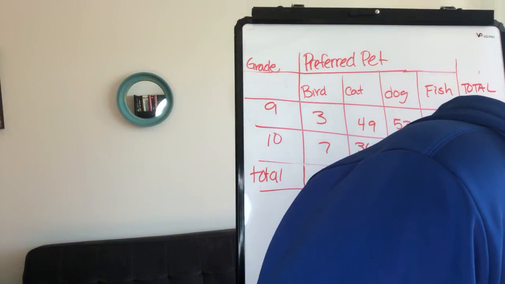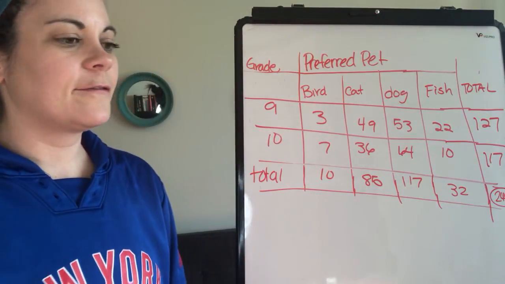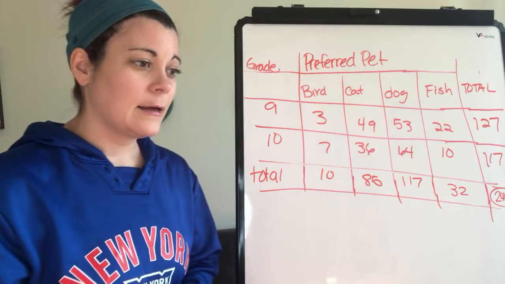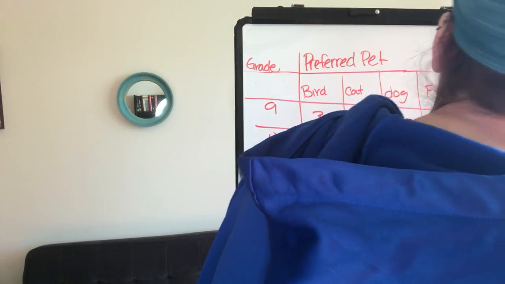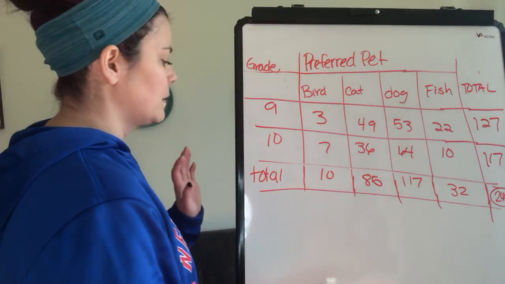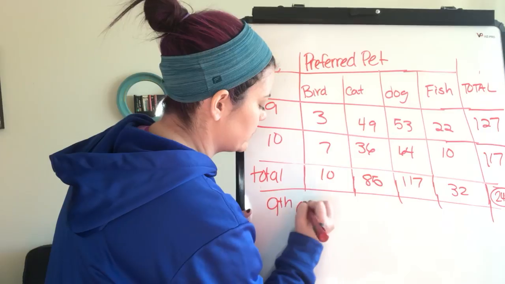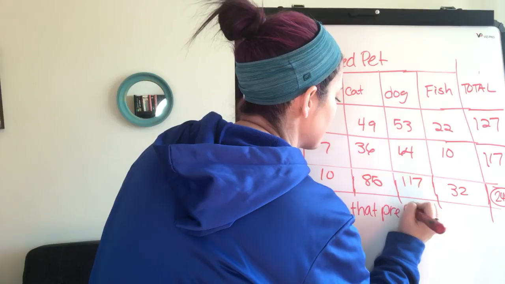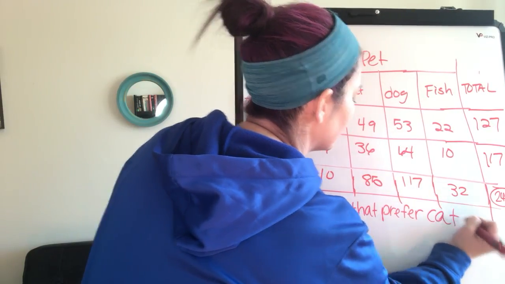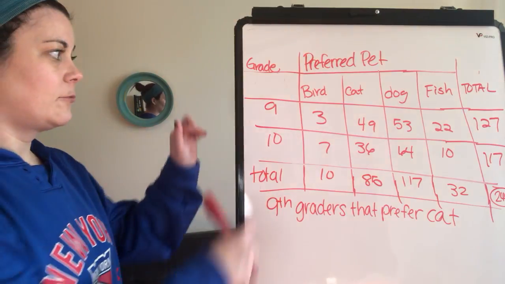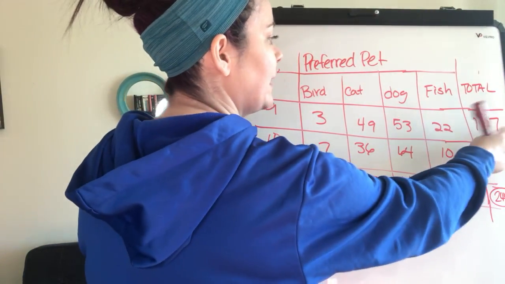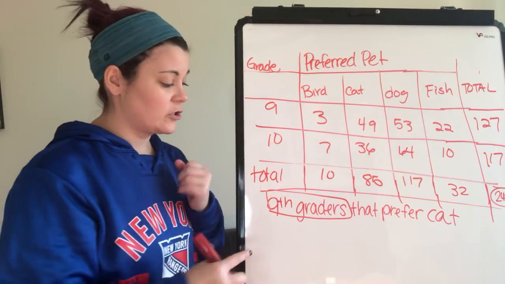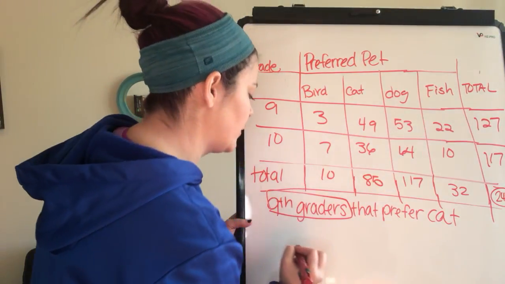Conditional relative frequency is dividing the frequency by the marginal frequency. For example, if I want to know ninth graders that prefer a cat: ninth graders is what I'm looking for, so I look at the ninth grade total, which is 127.